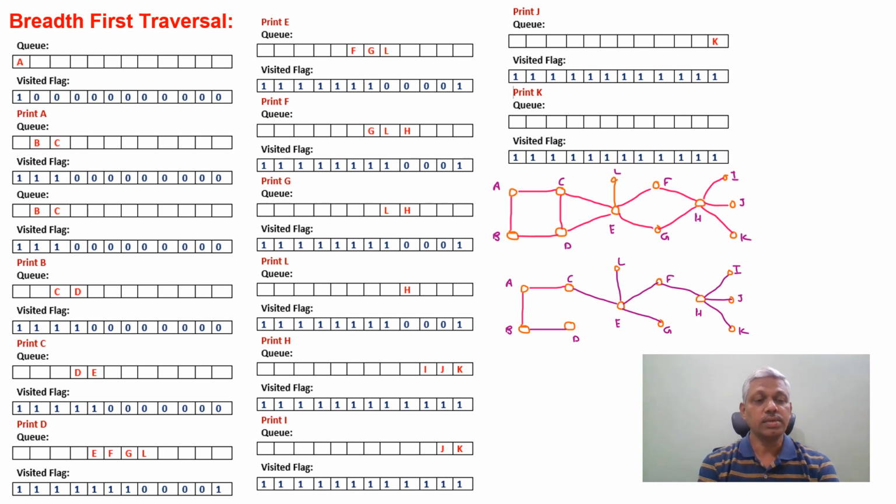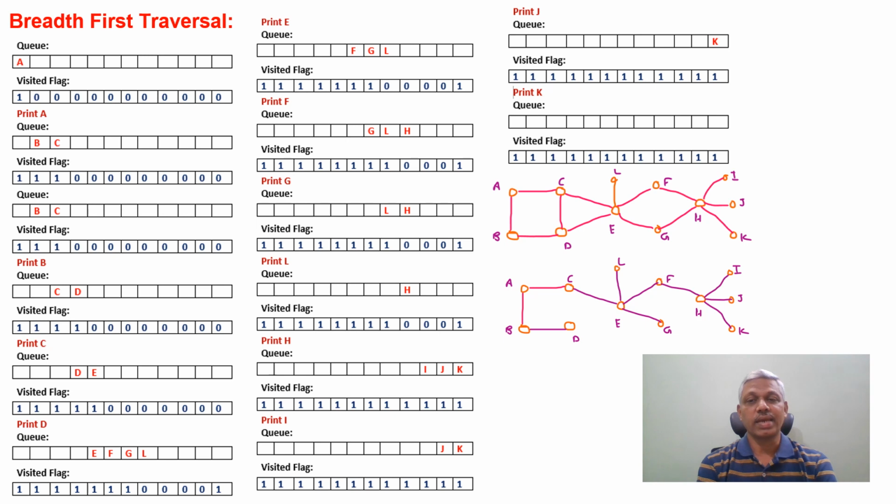The next element is E. Print E. Then the vertices that are adjacent to E are L, F and G, which are added here, and the corresponding flags are set as 1. Again, the latest element is F. Print F, and the vertex that is adjacent to it is H. Make the flag of H as 1, and H is added.